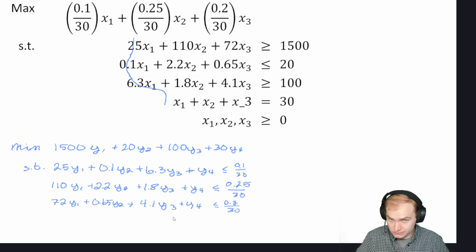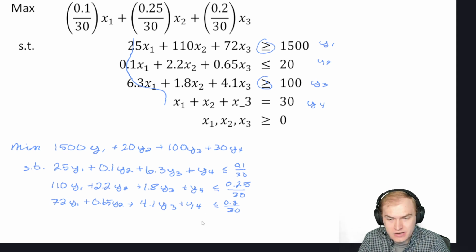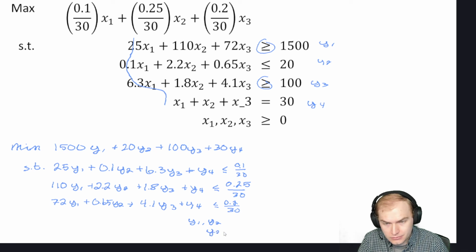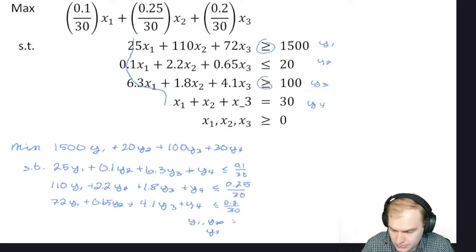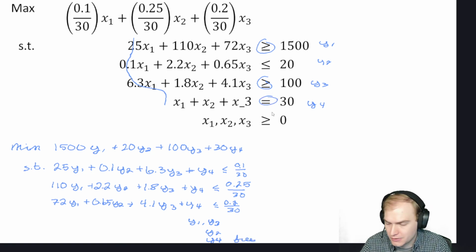And finally, it's a maximization problem, so y1 and y2, or not y2, y3. They both have the same direction. Y2 is something, and y4 is free because it has an equality there.